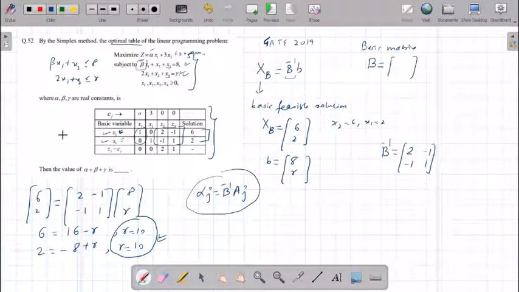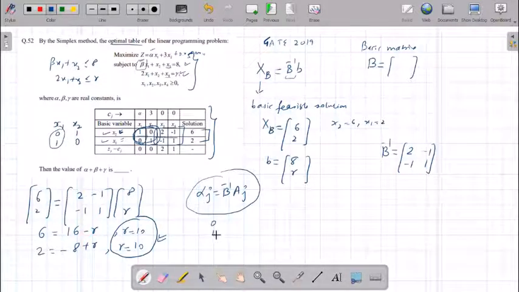So the column of x1 should be this, because x2's value you will be reading from here. So this is actually wrong, mistyped in the question. So this question statement is incorrect. This has to be 0 1 1 0. So the column of x1 is actually 0 comma 1, not 1 comma 0.